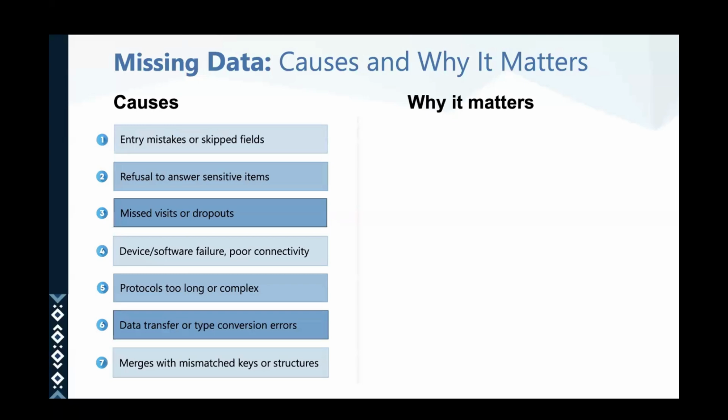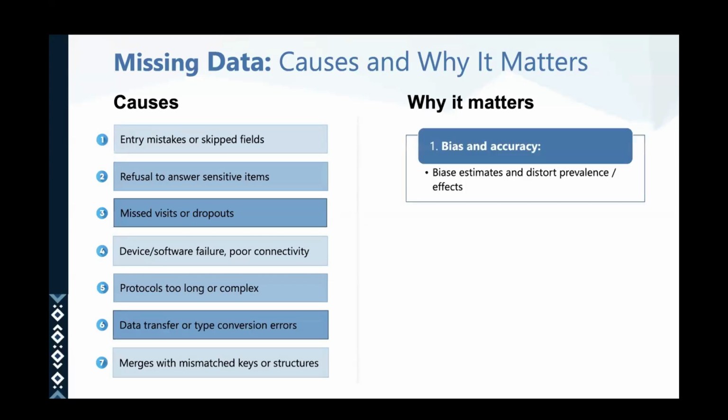Let's now look at why missingness is a critical issue. The first thing is that missing data biases estimates, and this will distort the kind of estimates that you get. For example, imagine that you were conducting a study where you were assessing, let me say, depression in a certain environment, and several people that you interviewed refused to respond to some of your key questions.